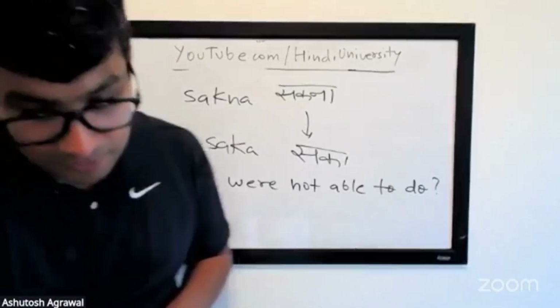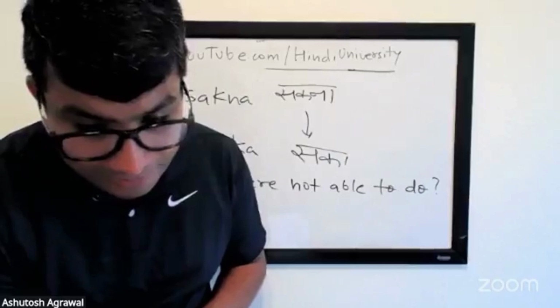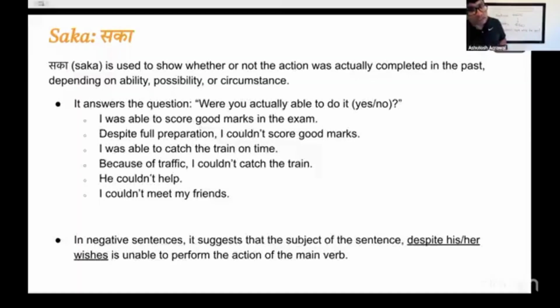Okay. Wonderful. So in all the examples that you see our friends have shared, these are all in the past tense for the things that they were not able to do. So you use Saka where the answer to the question is, were you actually able to do it, yes or no? The answer would be like, yeah, I was able to do it, or I was not able to do it.